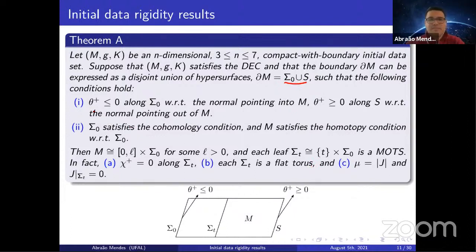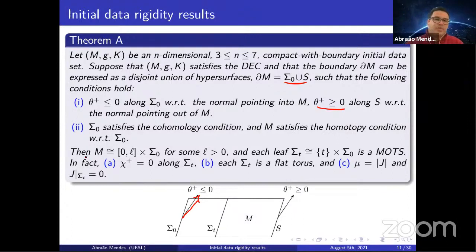So the first one is that the null mean curvature theta plus is non-positive along sigma naught with respect to the normal pointing into M. So this normal here is pointing to the inside of M. Theta plus is non-negative along S with respect to the normal pointing out of M.